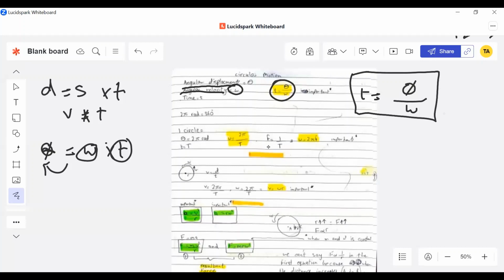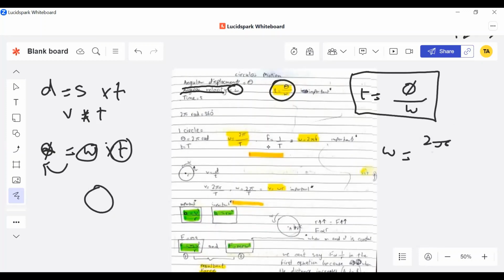Now, the second formula is the formula for angular velocity, which states that angular velocity equals the distance, which is 2 pi. Why is it 2 pi? Because in one complete circle, the distance traveled, or the circumference, is 2 pi.